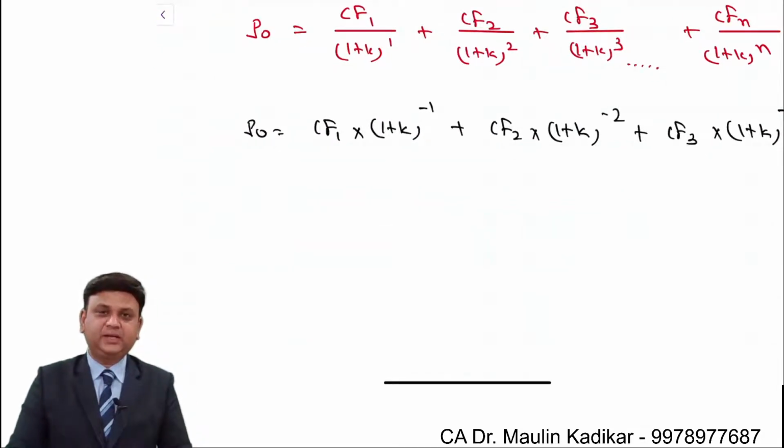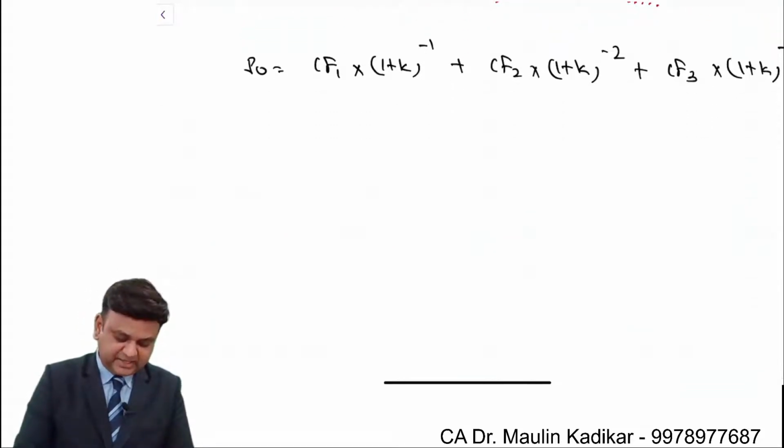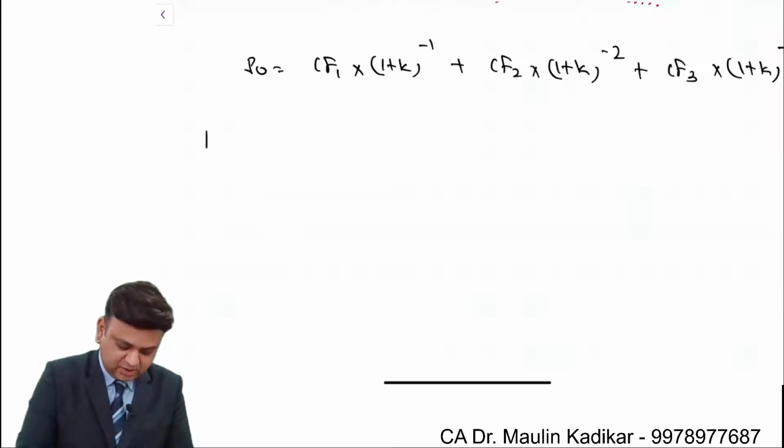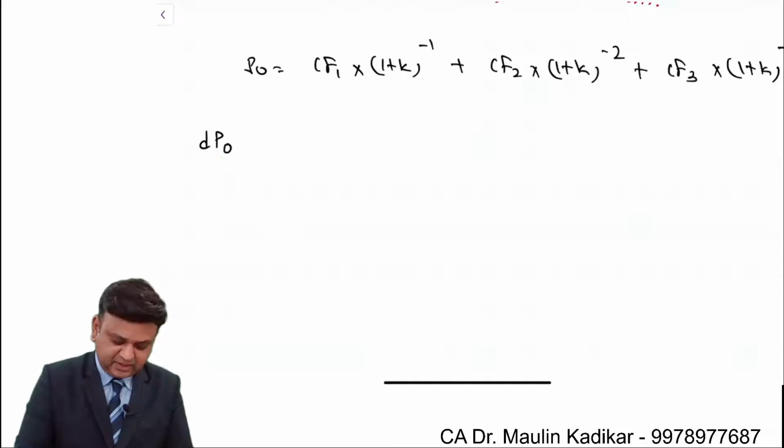Friends, we are required to apply the differentiation formula. With the change in the cost of capital, the change in the price of the security is required to be calculated. So we can say something like this: differentiation of P0 divided by differentiation of the cost of capital.